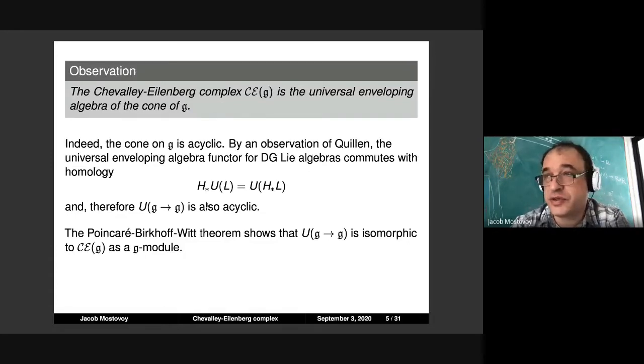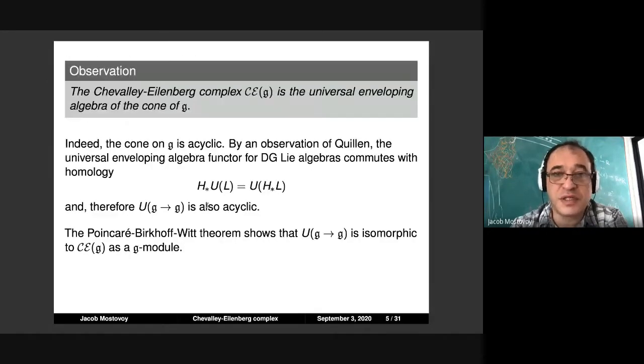I just remind you, just in case, that the universal enveloping algebras are Hopf algebras: there is a coproduct coming from the diagonal map, basically. Okay, so it's easy to see that this is actually a free resolution, and it's the same thing as the usual Chevalley-Eilenberg complex.